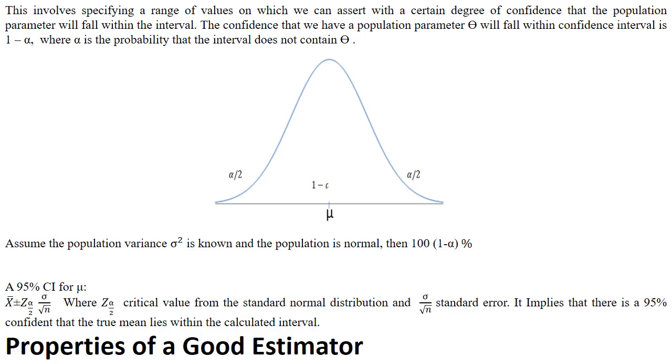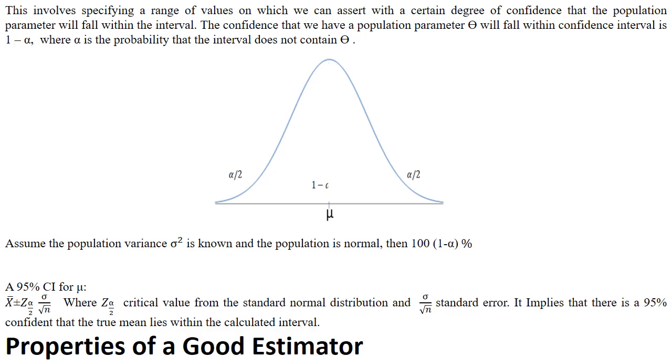Here, from this diagram, assume the population variance sigma squared is known and the population is normal, because this is a normal distribution with a bell shape. On each side we have alpha over 2, so the first is half and the second is half.